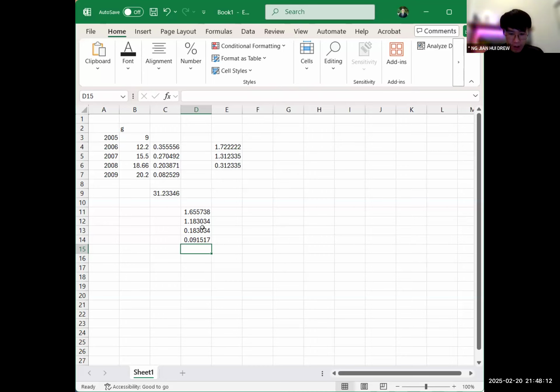Estimate the value of the stock as of the end of 2007. Okay, 2007, that means this. So this is the 15. So divided by our return on equity, right? But this is on 27.